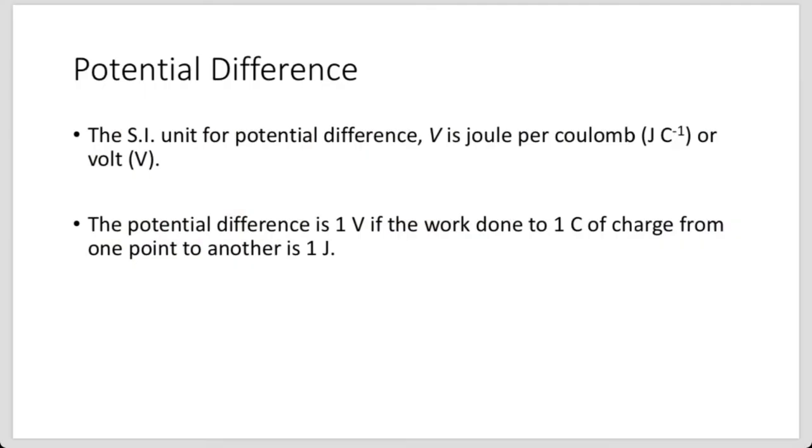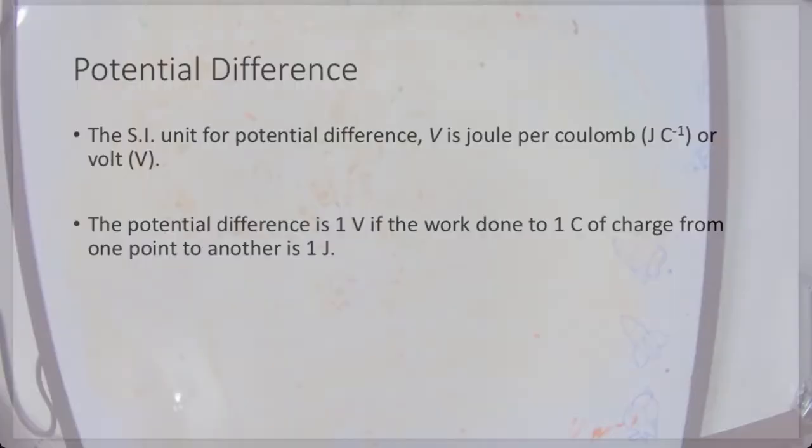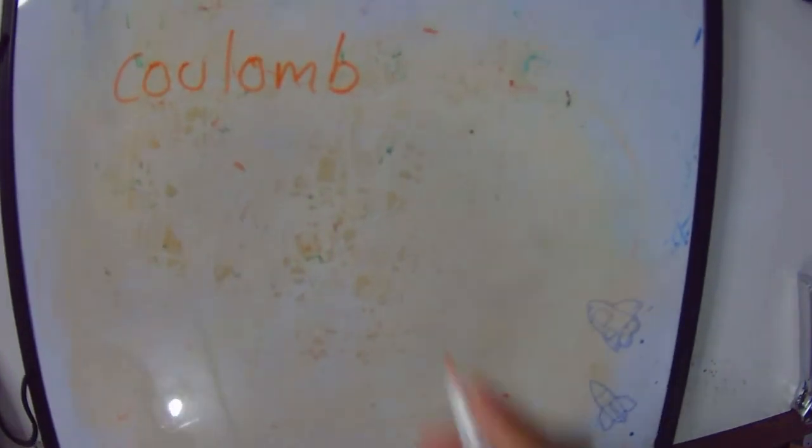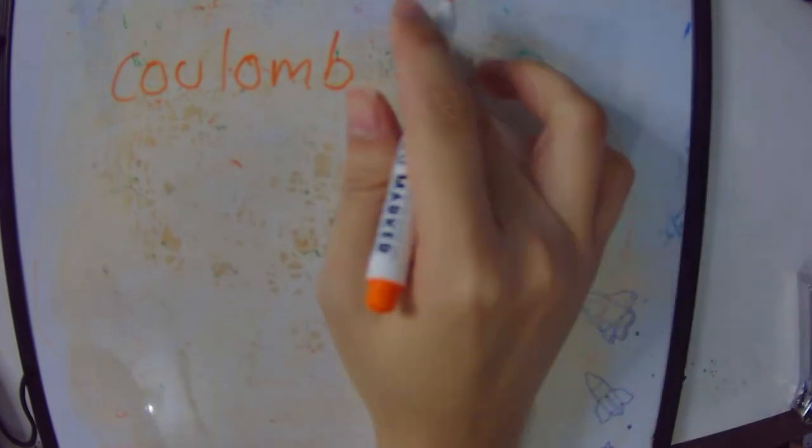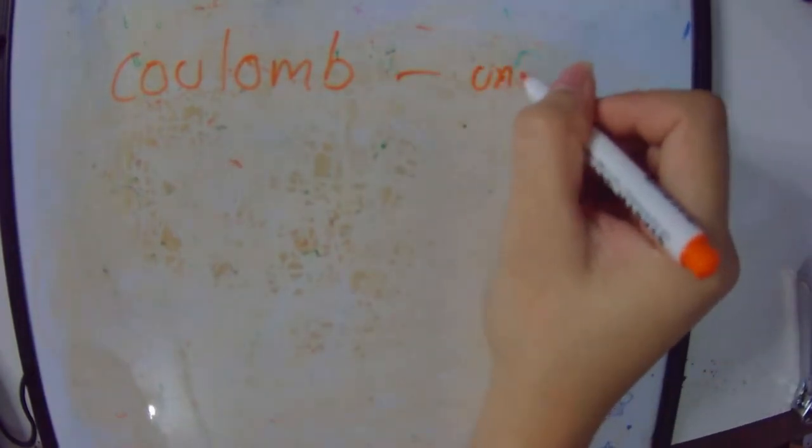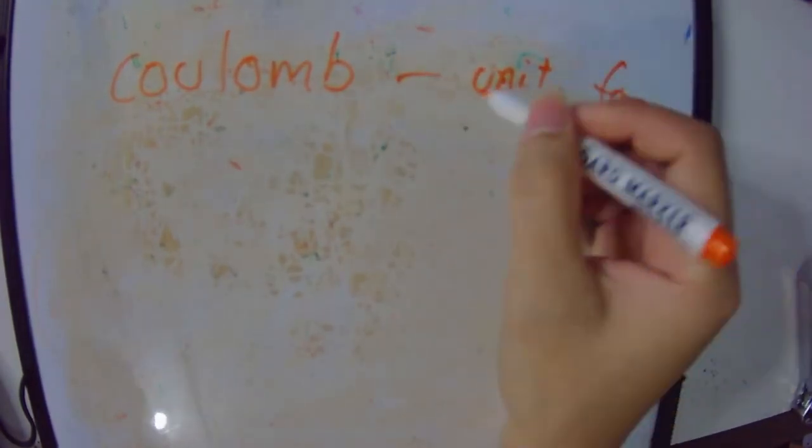Just as an aside, I forgot to put this in the slide, but in some questions, I want to talk a little bit about the coulomb. So what is a coulomb? A coulomb, like I said, is a unit for measuring charge.